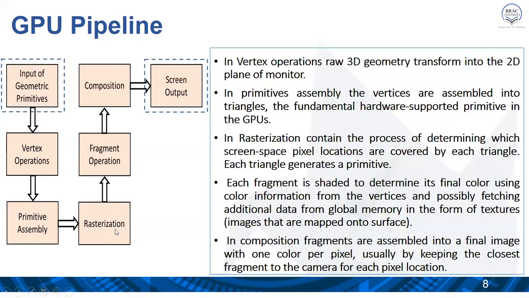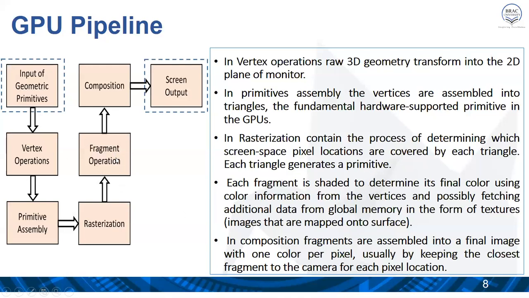In the rasterization process, it determines the screen space pixel locations. That means the particular primitive's location in an image.